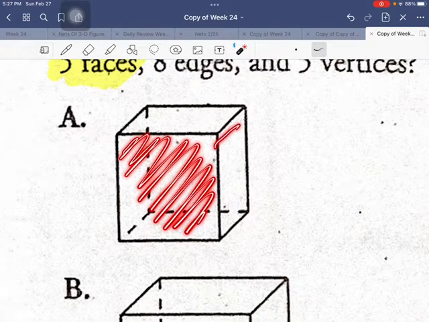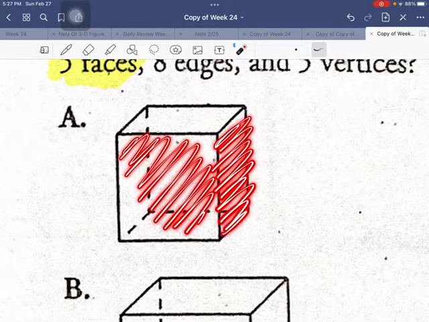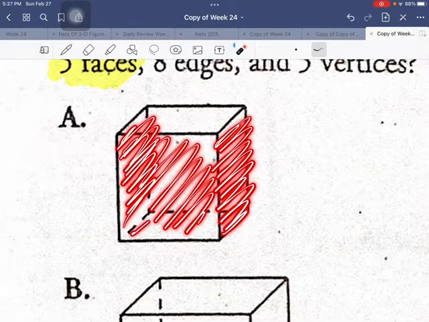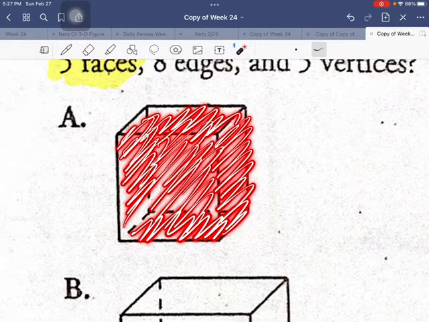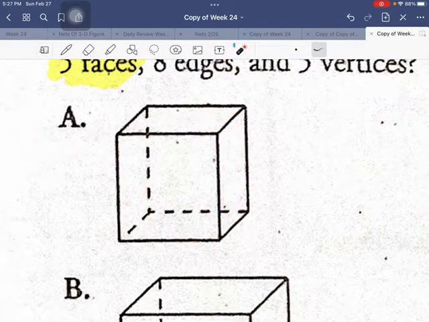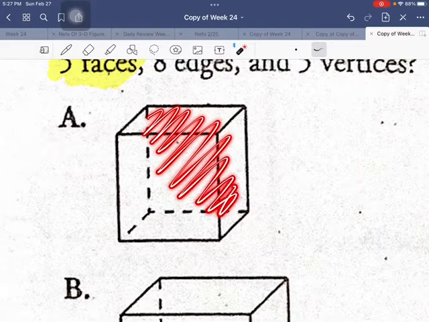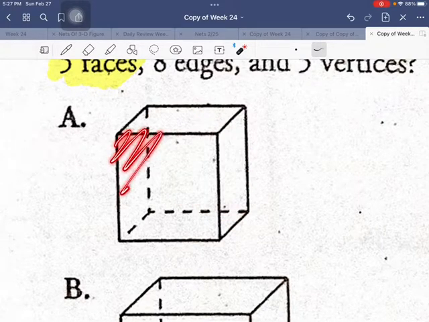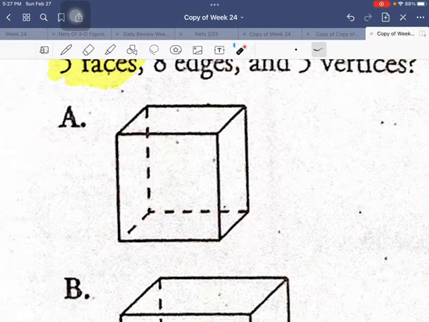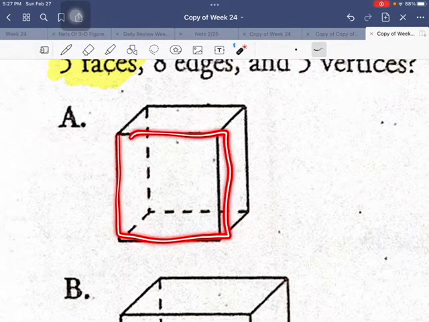literally each face, each side, visually something that can be seen, completely cover one side, and then, well, a face.